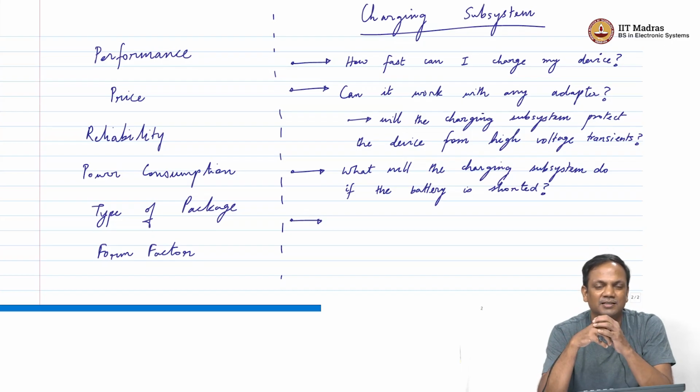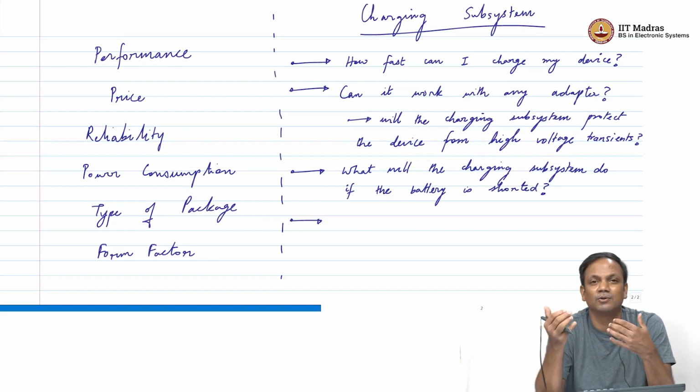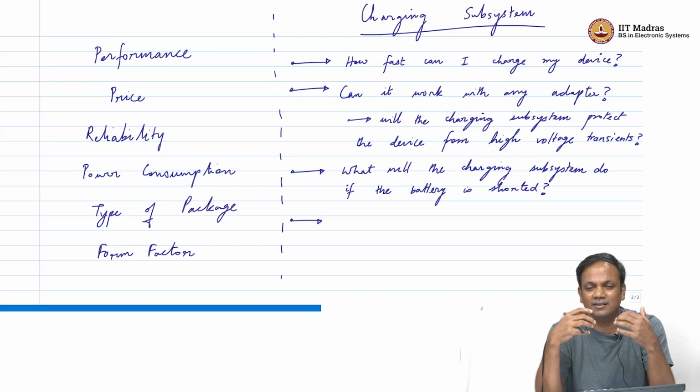So, the charging subsystem has to say, okay, there is a standard that drives when it is safe to charge a battery and when it is unsafe, what I am allowed to do. Now, is my charging subsystem adhering to that standard or not?